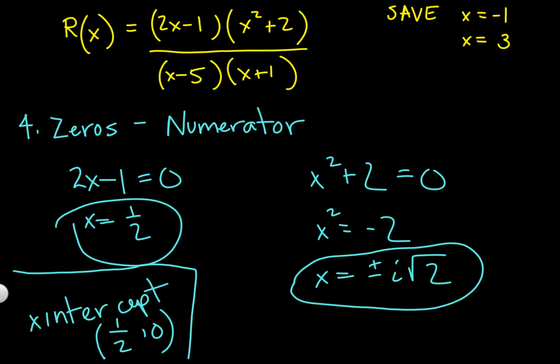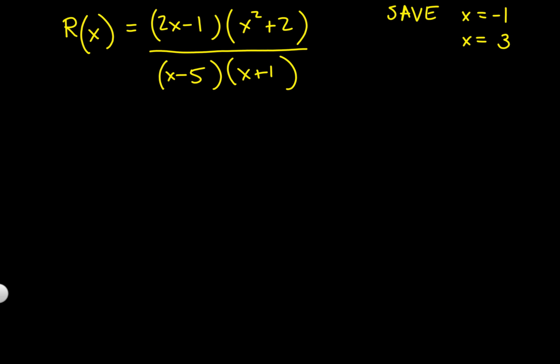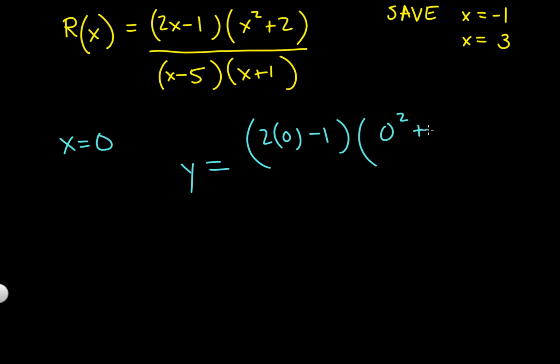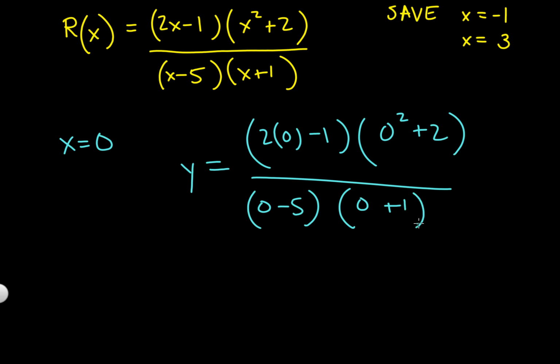We can also do the y-intercept at this point. A y-intercept is what we get when we set x equal to 0. So if x is equal to 0, my y is going to be equal to 2 times 0 minus 1 times 0 squared plus 2 over 0 minus 5 times 0 plus 1.